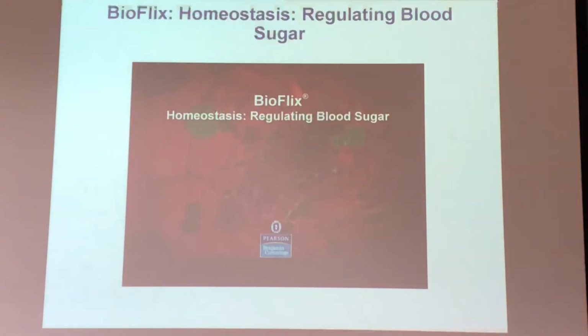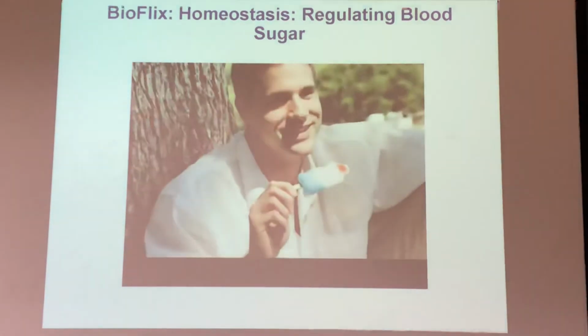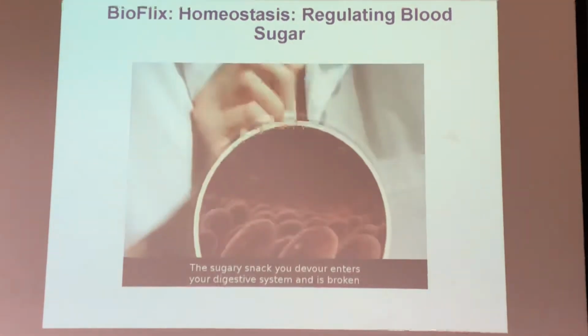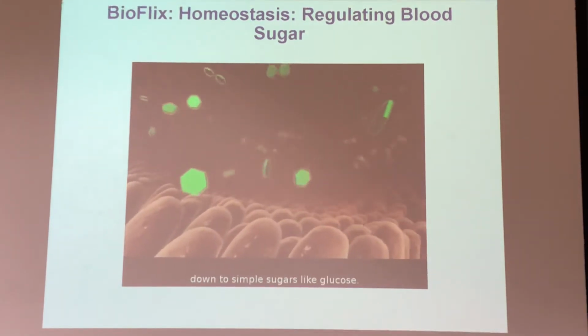So this is something I have. It's not having an eye.